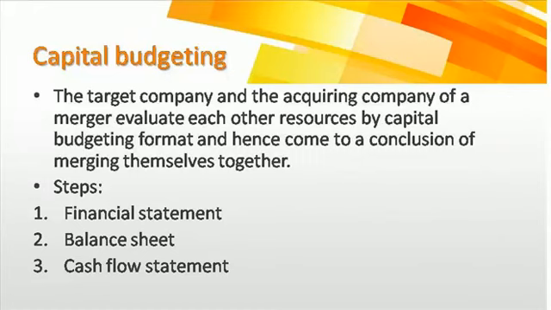Then it evaluates that company on the basis of assets, other resources, or other kinds of benefits it will receive from the target company, and accordingly selects and tries to acquire it. After acquisition, the acquirer company will try to integrate with the target company's shareholders, employees, buyers, suppliers, and all the other stakeholders.